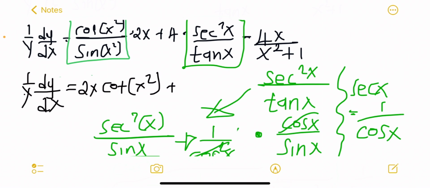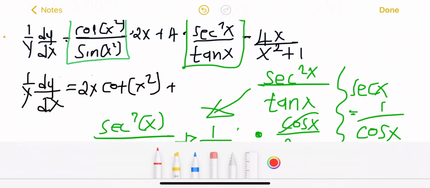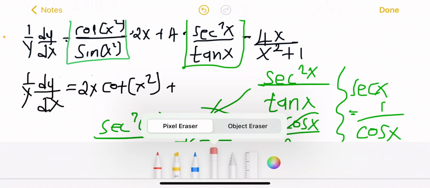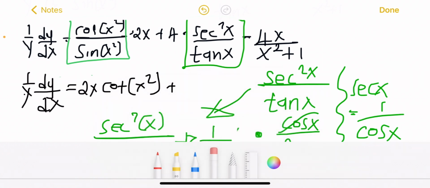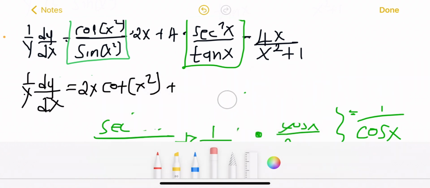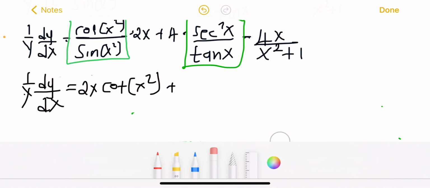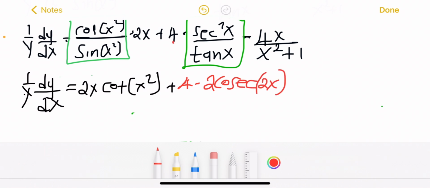to this one. This means that it's equal to 4 multiplied by 2 cosecant of 2x. The 4 is this one.